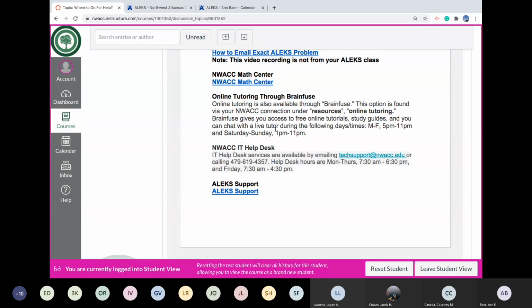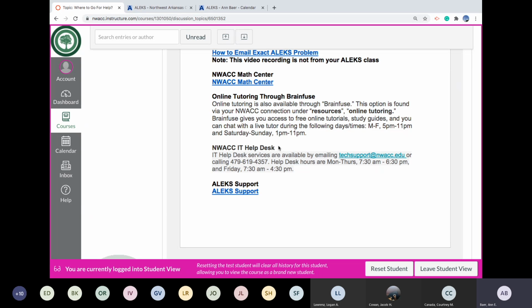I have heard that, and I've actually looked at BrainFuse logs that my students have been involved in, and I've noticed that. So I just want to put that out there for you. If you use it, keep in mind that this might occur. They may switch tutors on you mid-problem.